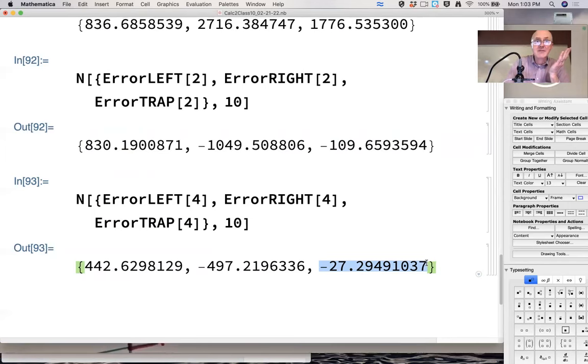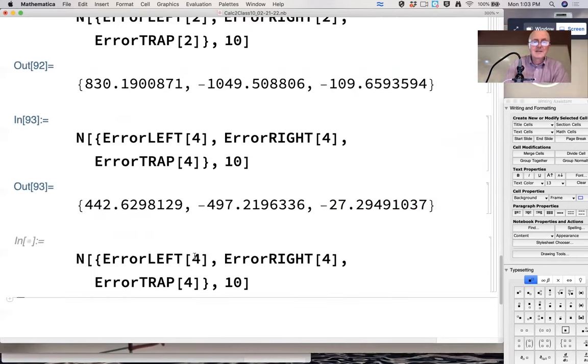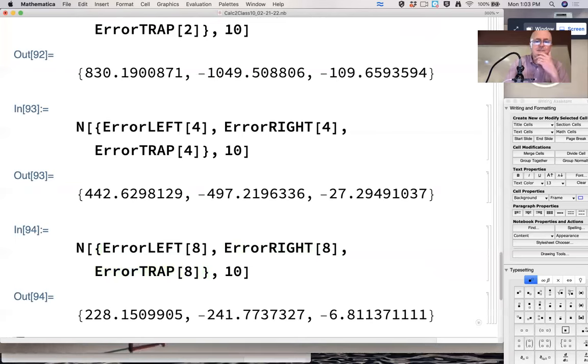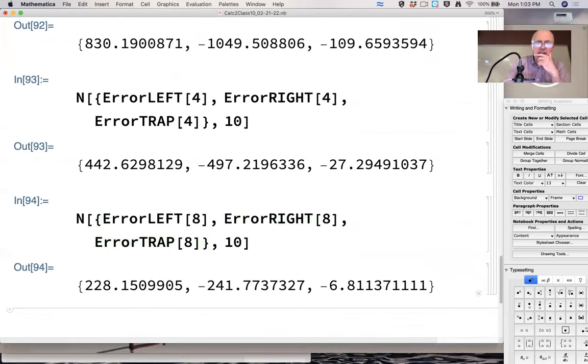Will that happen again if I double n again? From 4 to 8? Let's see. Yeah, it did. These numbers are approximately 1/2 these numbers. Approximately, not exact. And this number is approximately 1/4 of this number.